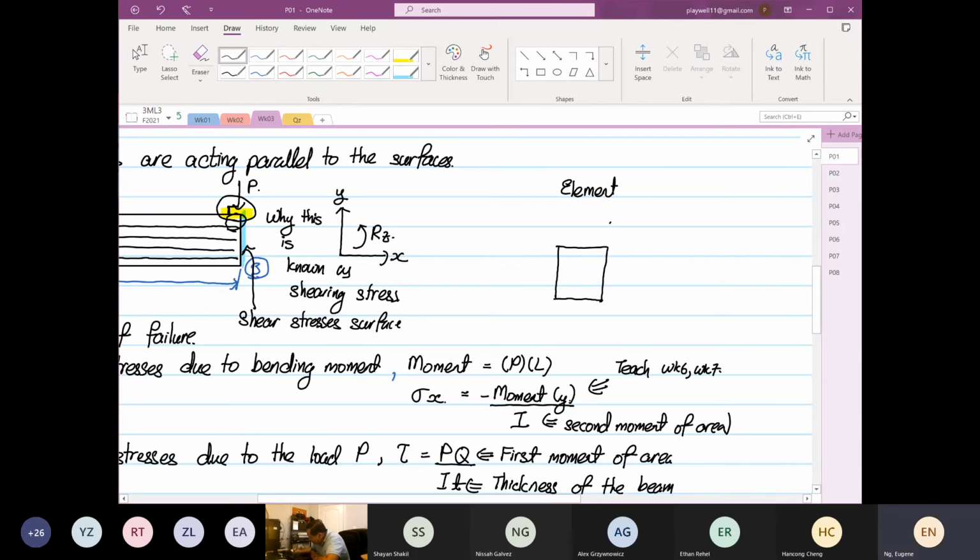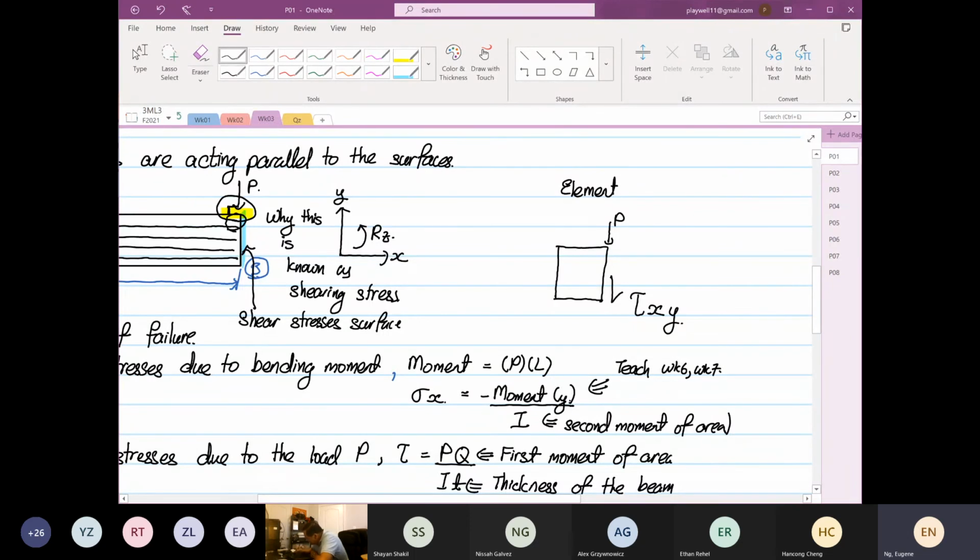The force P is acting down here, and then you have a stress. So if we were to follow the P over here, there's a shear stress. The intersecting plane is the x axis, and the applied force is in the y axis. This is how you label them.